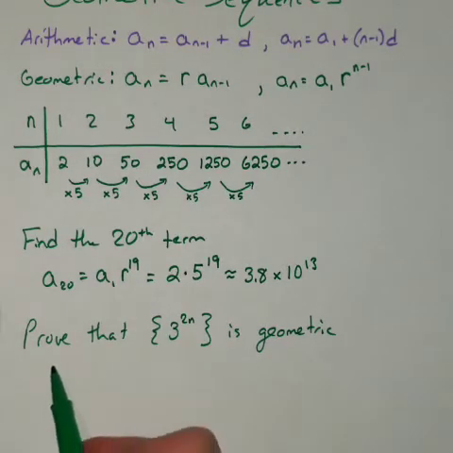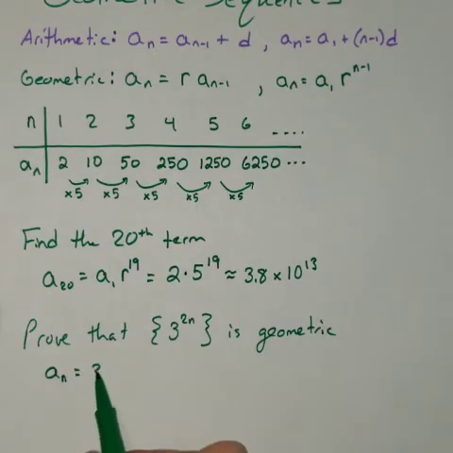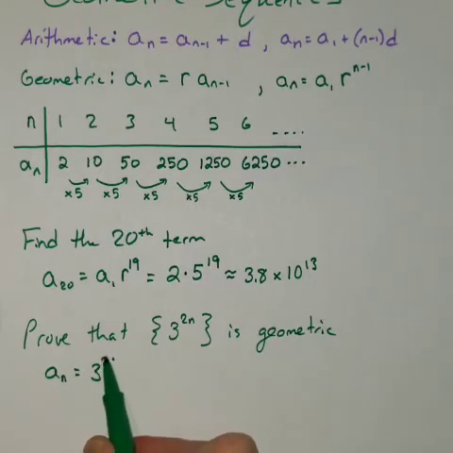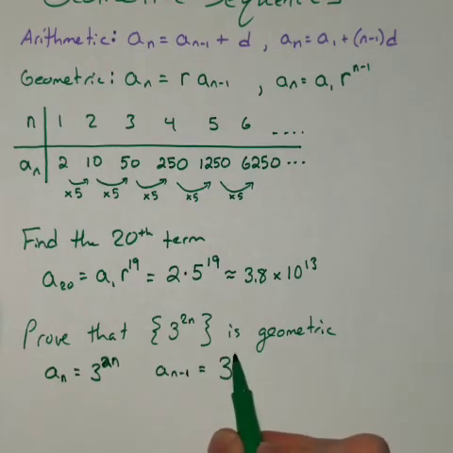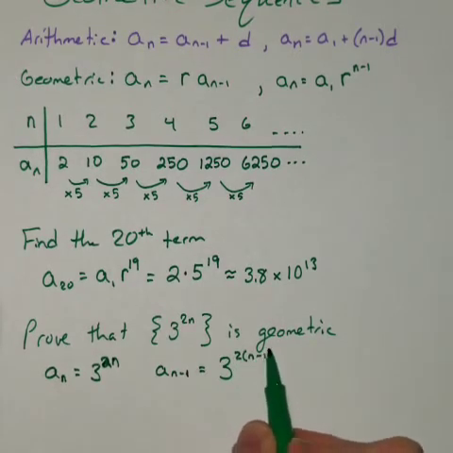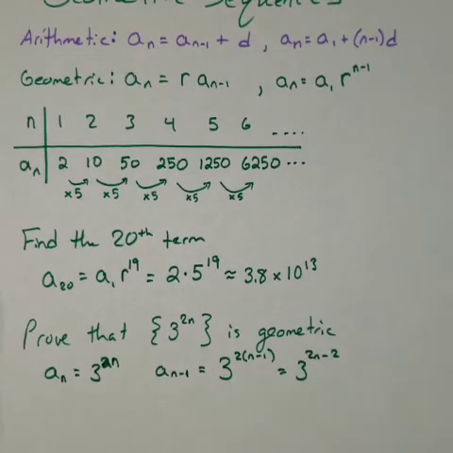So we're going to take a sub n, which is 3 to the 2n, and we're going to take a sub n minus 1, that's the previous term, which would be 3 to the 2 times n minus 1, or if I distribute the 2, it's 3 to the 2n minus 2.